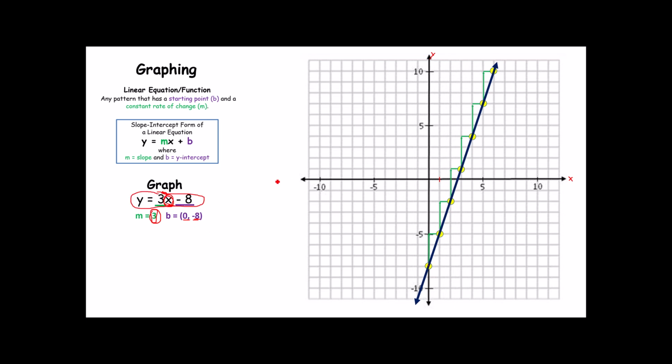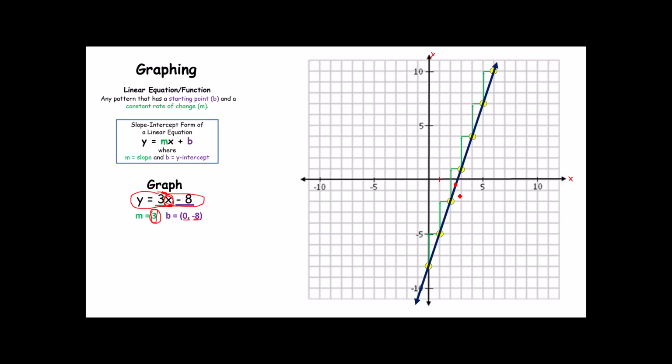So if I want to know what happens when I put a 2.5 in for x, 3 times 2.5 is 7.5 minus 8 is -0.5. If I go over 2.5, I end up here at -0.5. Everything on this line is a solution or a possible combination of x's and y's that make it true.